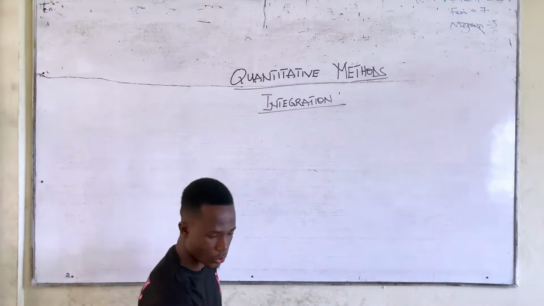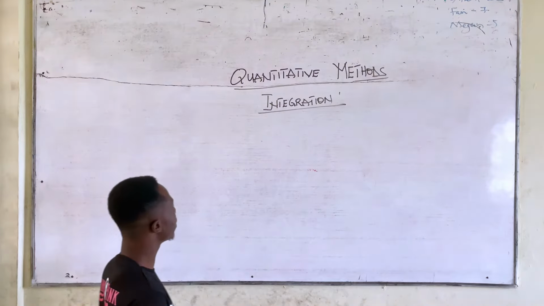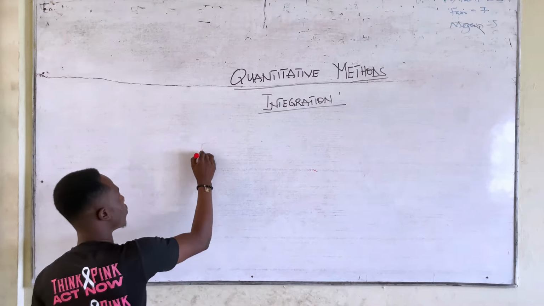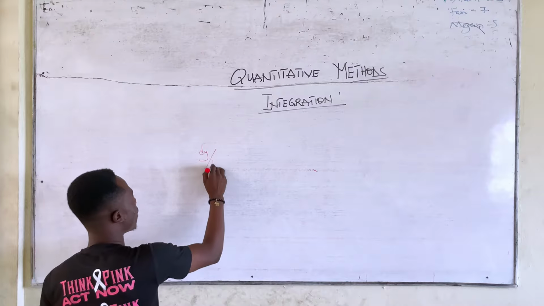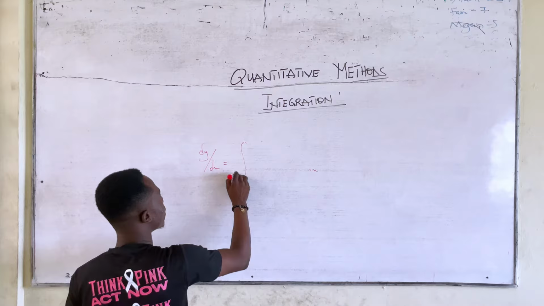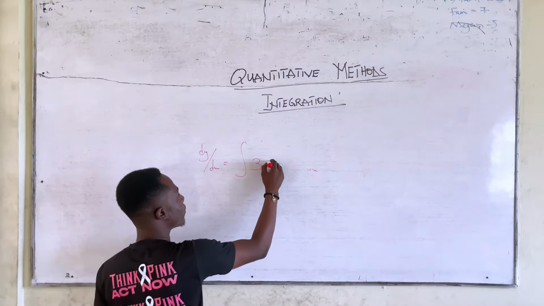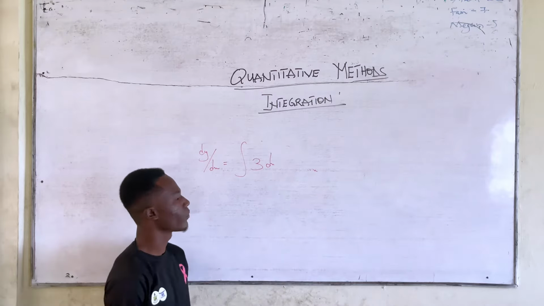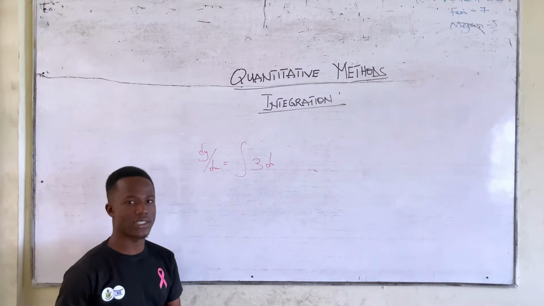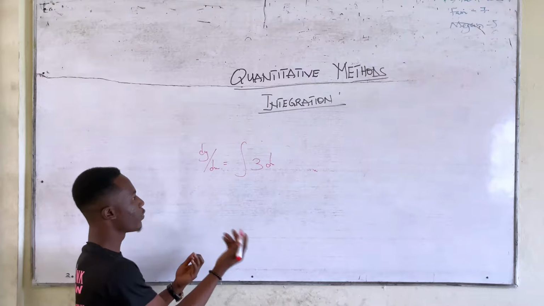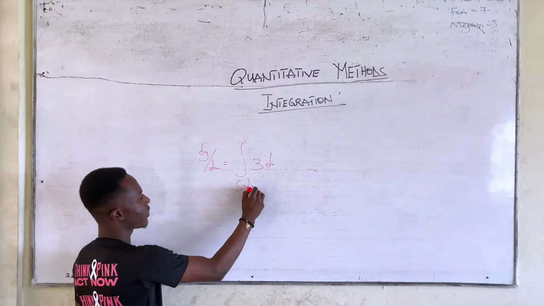Okay. So find y if you have the y dx, integral value of 3 dx. Okay, so you are to integrate this. Now if you want to integrate this, it's very simple.